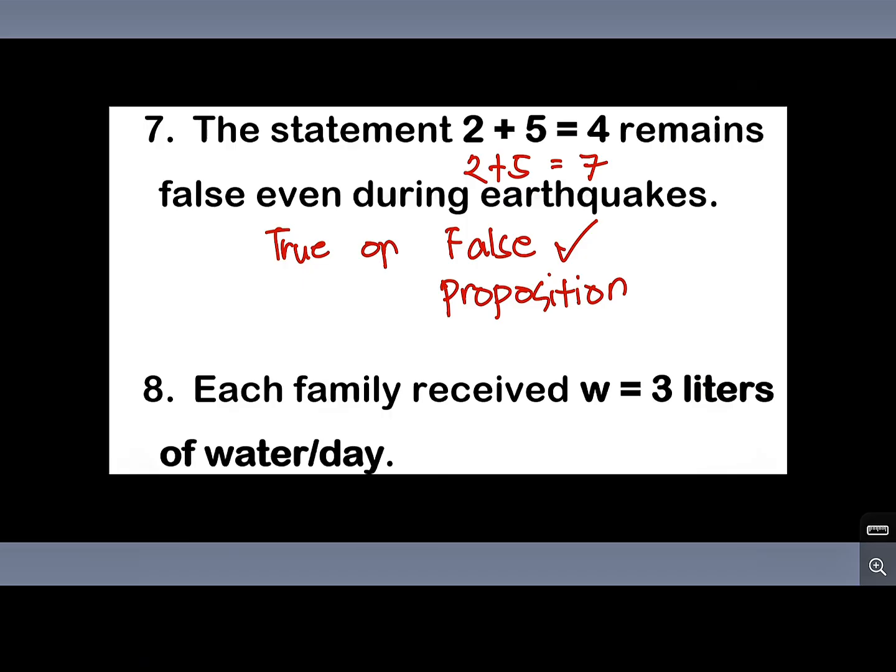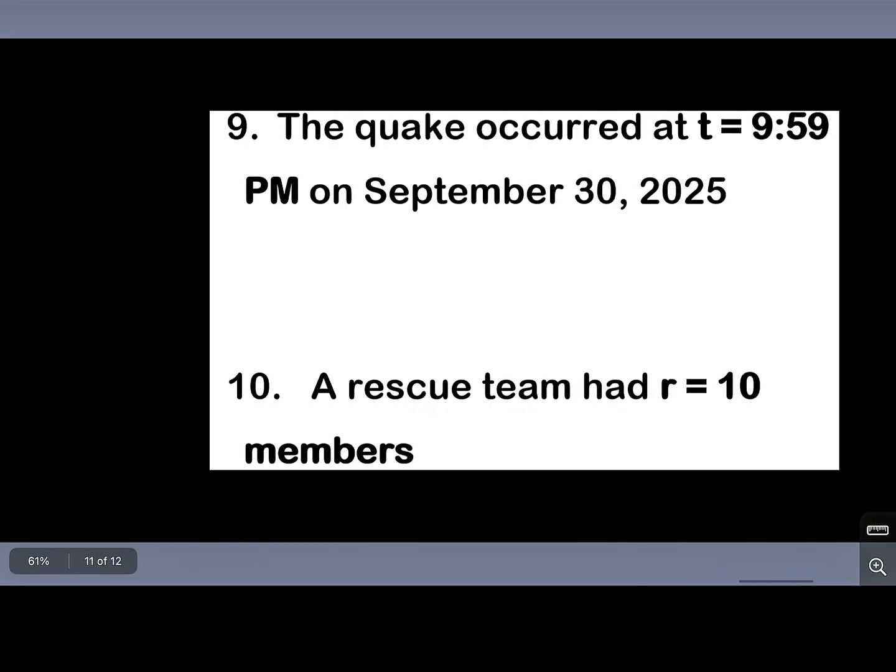Each family received W equals 3 liters of water per day. Here we also have an equation, W equals 3 liters. We can identify the truth value of this as true or false, so we answer this one as a proposition.